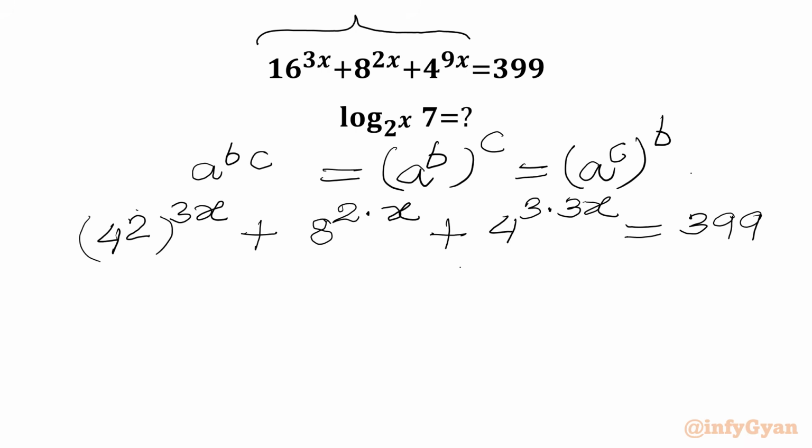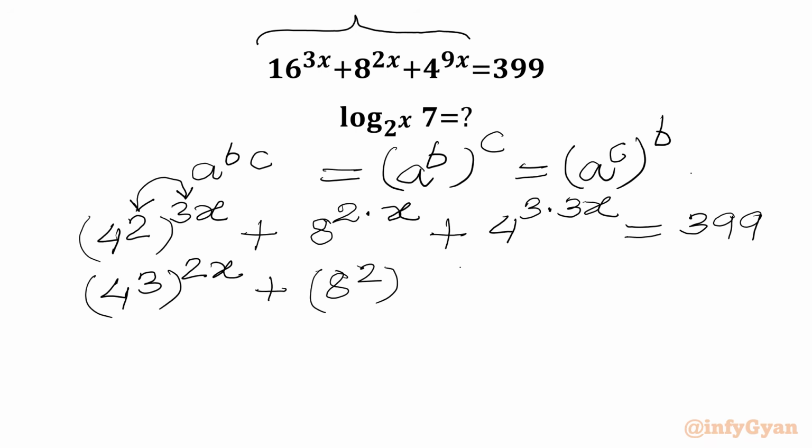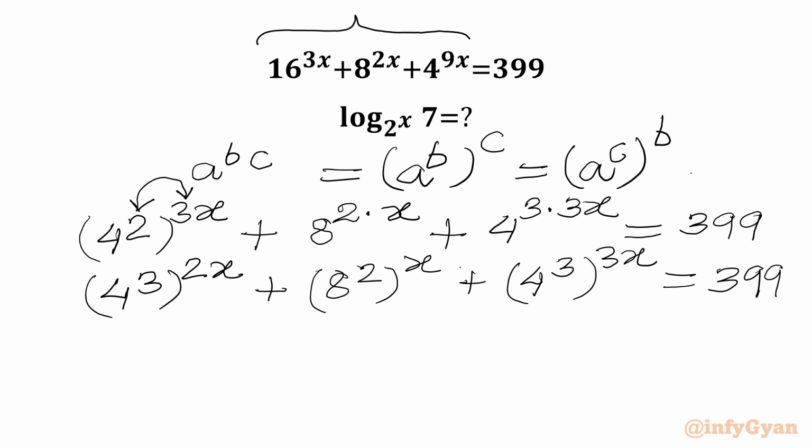Now we can swap these two numbers only, 2 and 3, using power rule. So I will write 4 power 3 whole power 2x plus 8 power 2 whole power x plus 4 power 3 whole power 3x will be equal to 399.